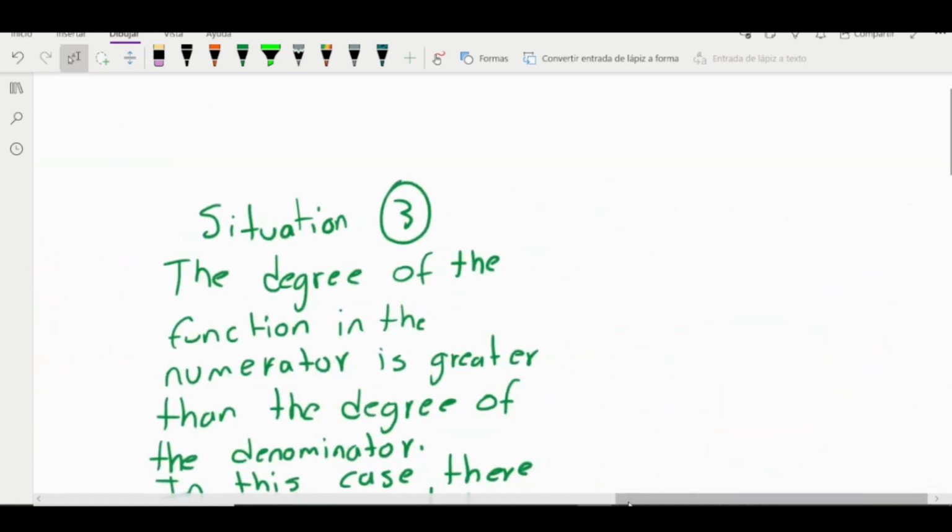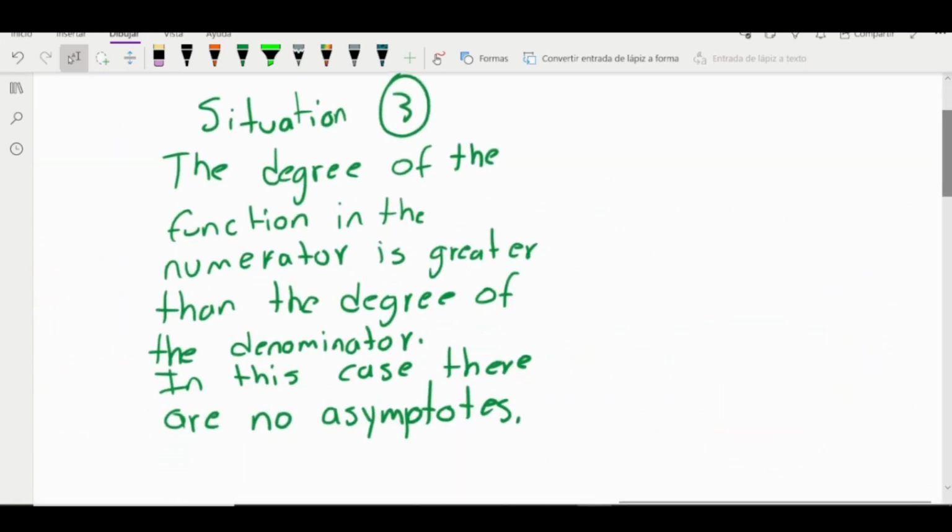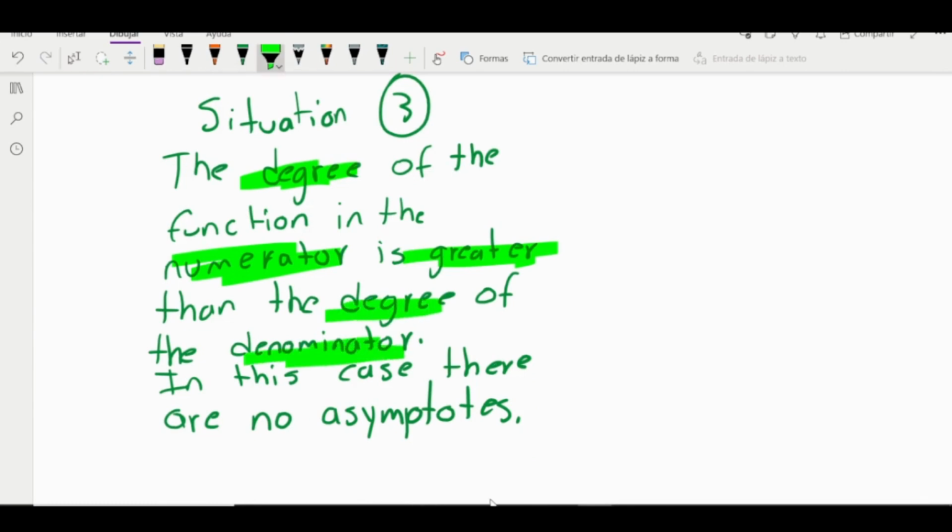The third situation is when the degree of the numerator is greater than the degree of the denominator. In this case, we don't have any asymptotes.